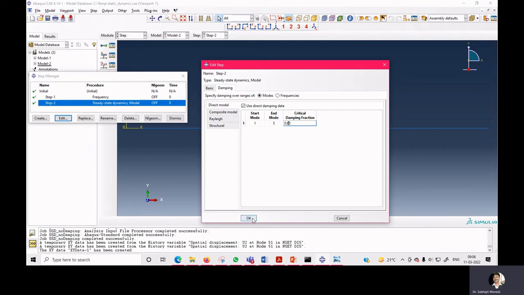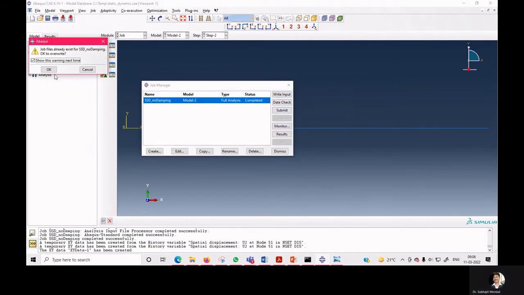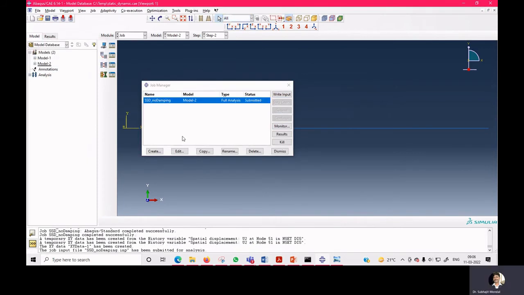Now we are going to submit it again. This type of repetition we have to do for different damping values, 0.01, 0.02, 0.05, and 0.1, and we will run the job and try to plot it.